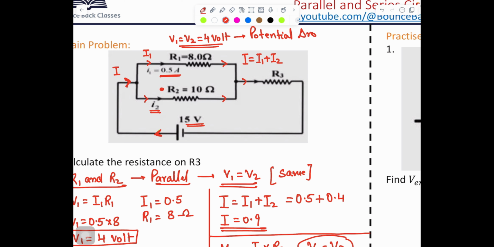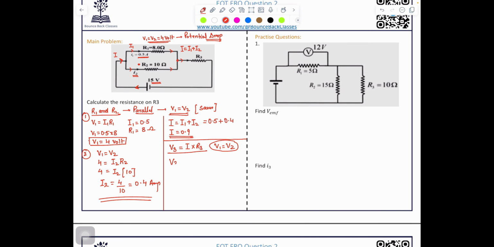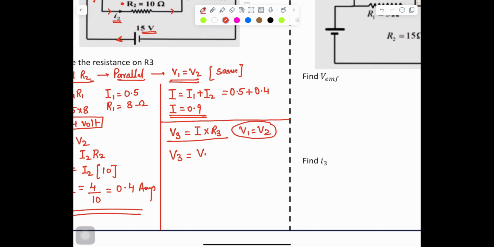drop. What is the meaning of potential drop? It means 4 volt is consumed in between R1 and R2. For R3, how much is left, and how to find out? V3 should be equal to VEMF minus the potential drop. VEMF is 15 and the drop is 4, so the available voltage is 11.